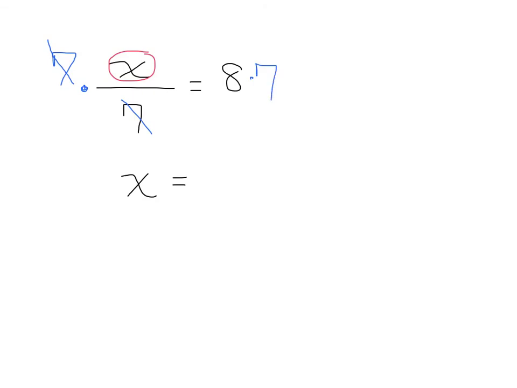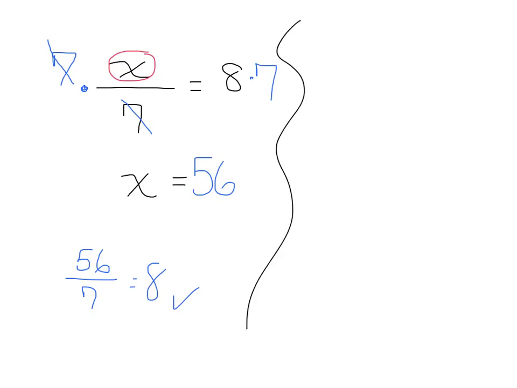So 8 times 7 is going to be 56. And with all these, I've been skipping this step, but it's always a good idea to check. What's 56 divided by 7? Well, it's going to be 8, so that checks, because the 8 will equal the 8.